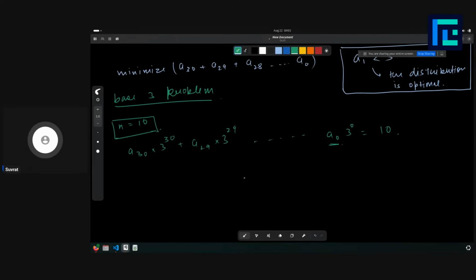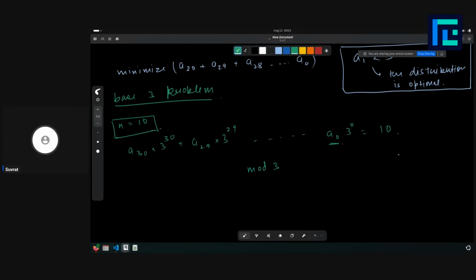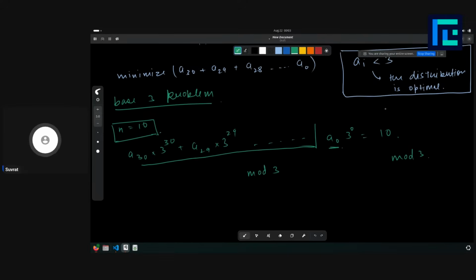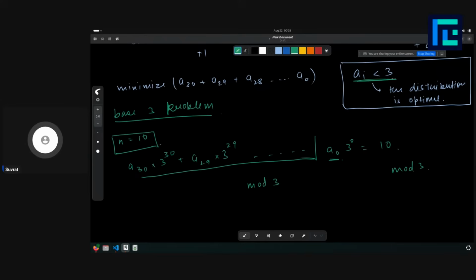What I can do is take mod 3 on both sides. What this will do is for every term till a1, all those terms would be 0. And since in our optimal distribution AIs are always less than 3, a0 cannot be a multiple of 3, since it can only be 0, 1 or 2.